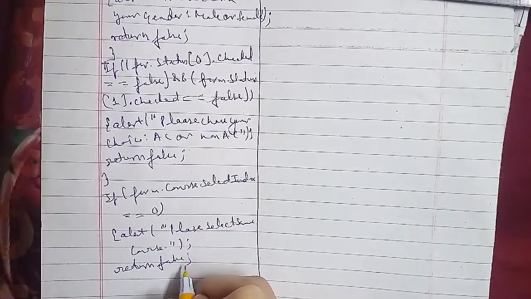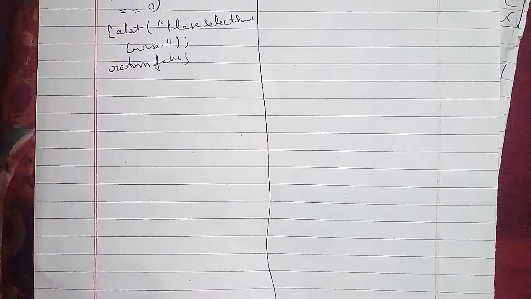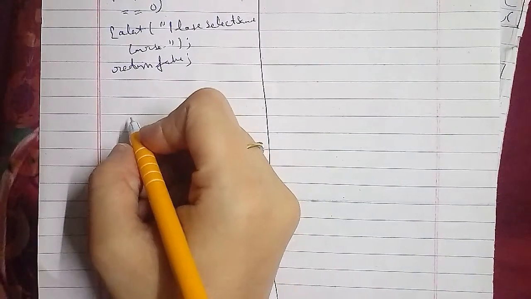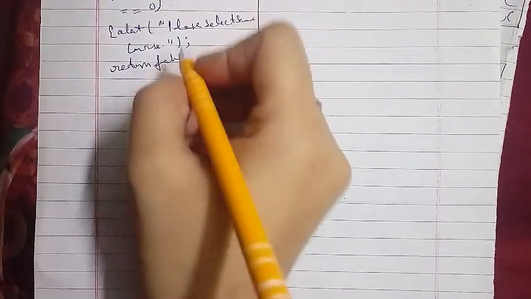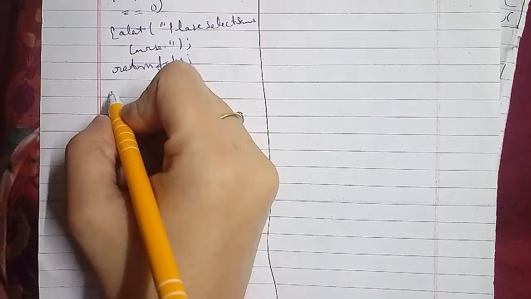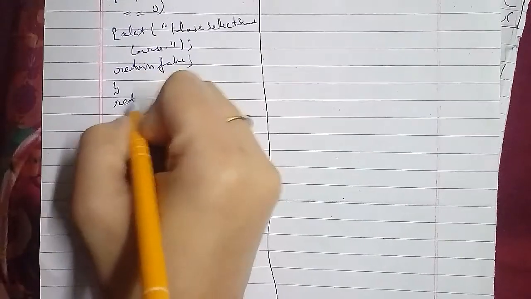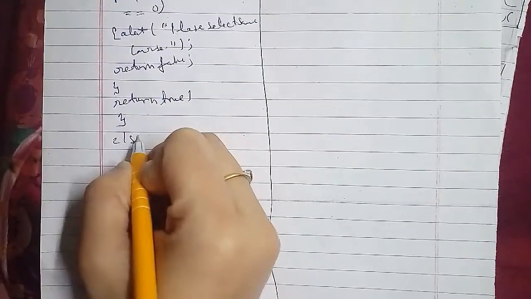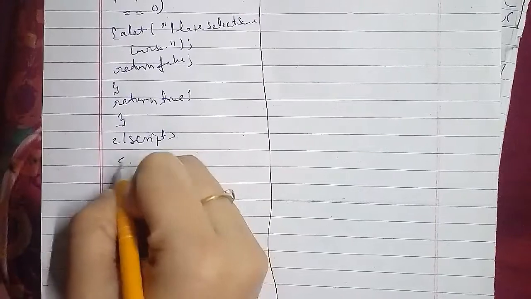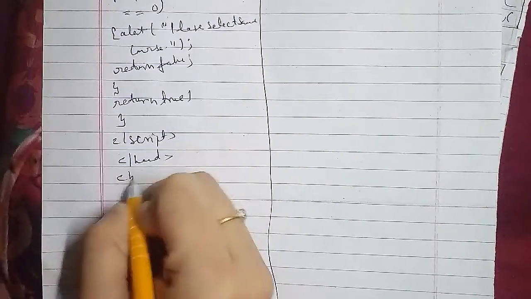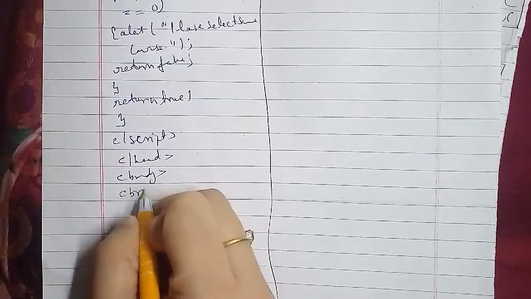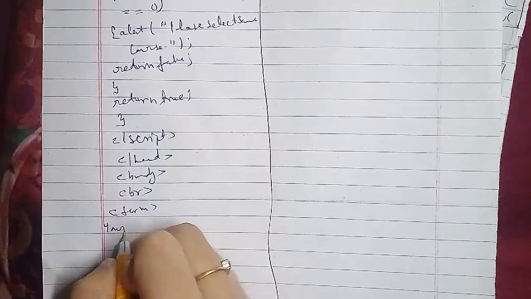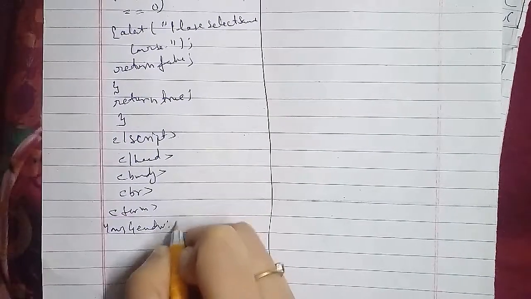And then after that break tag close, then for course. Now for that is a select name, that is equals to course. Then for that we have an option value, select an option, then option tag close. Then after that we have an option value equals to computer, then computer, then option tag close.